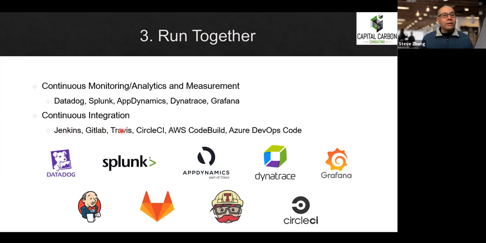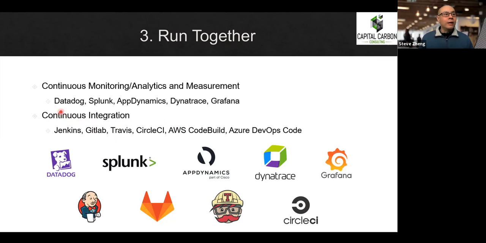Okay, CI is an essential platform. It is very easy to understand because continuous delivery and continuous deployment are both extensions of the CI process. So continuous integration is a must-have.